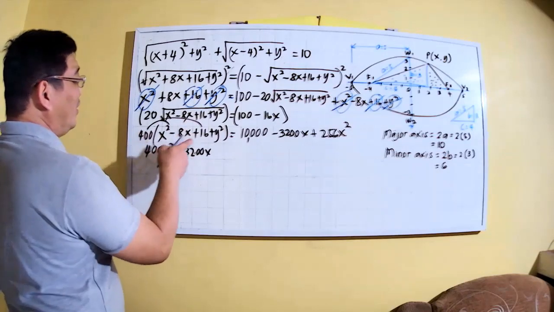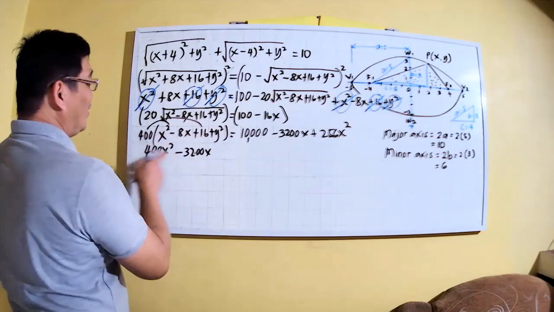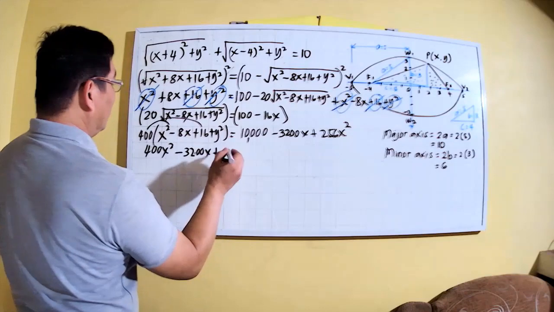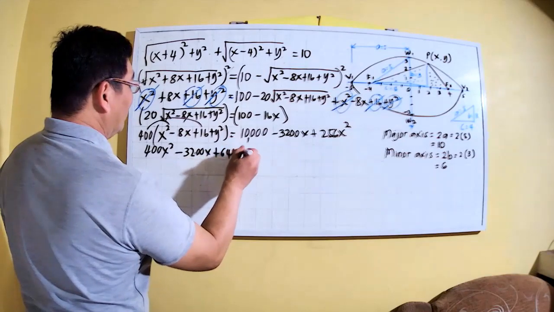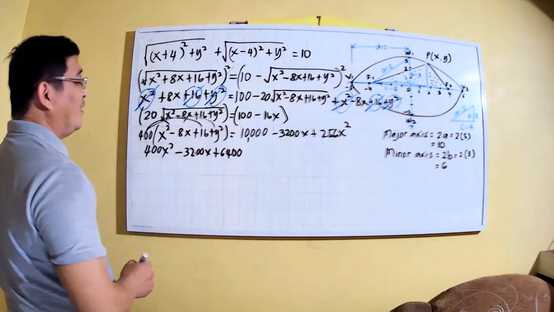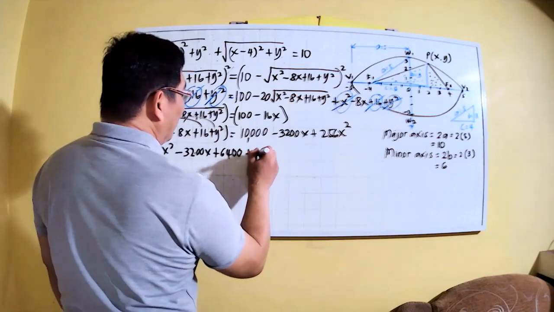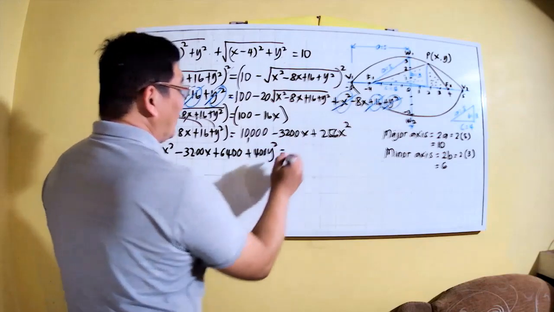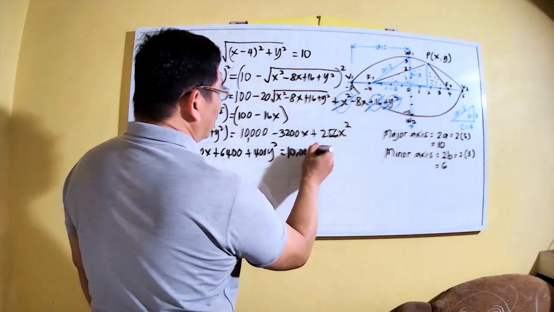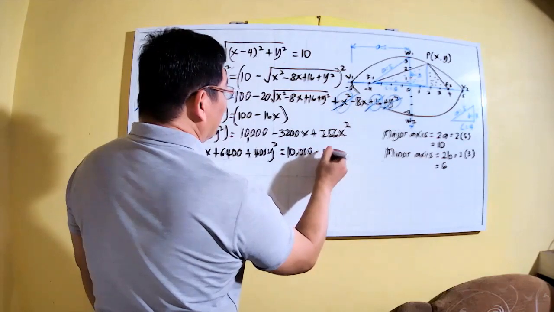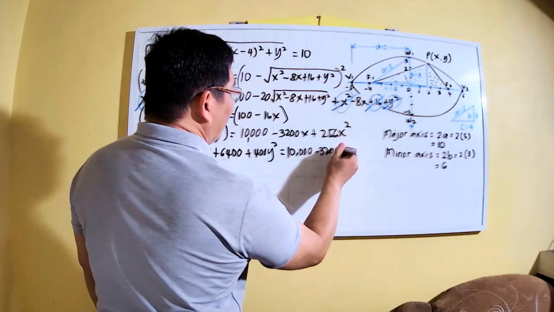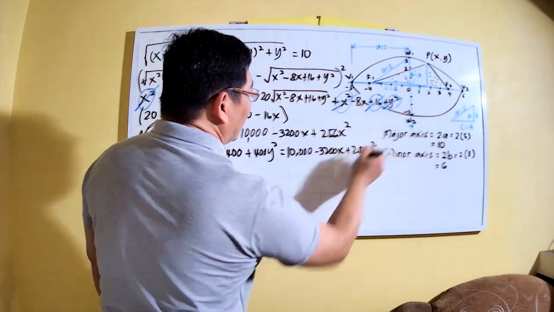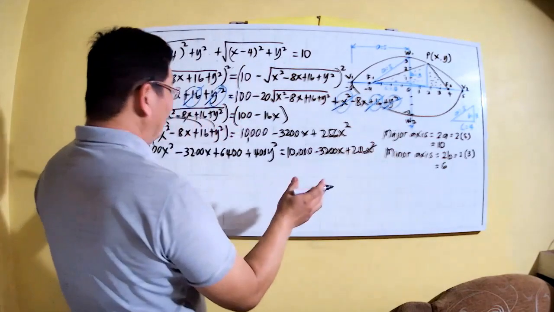And then double this, 16 times 400, if 8 is 32, so therefore this is positive 6,400. Then 400 times y squared, that is positive 400 y squared, is equal to 10,000 minus 3,200x plus 256x squared. So, combine.